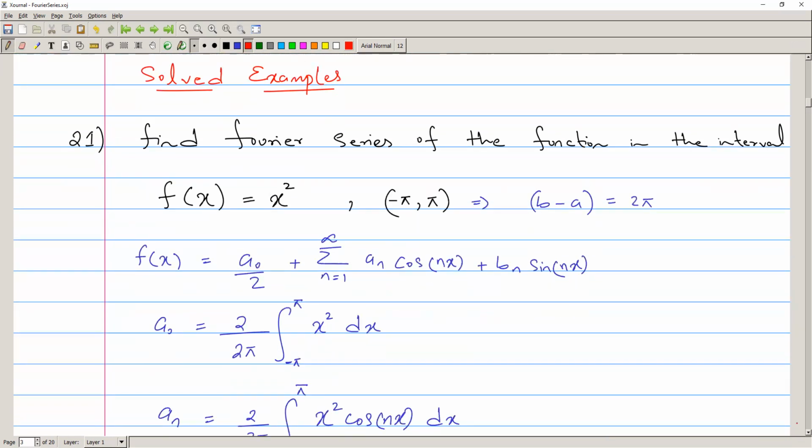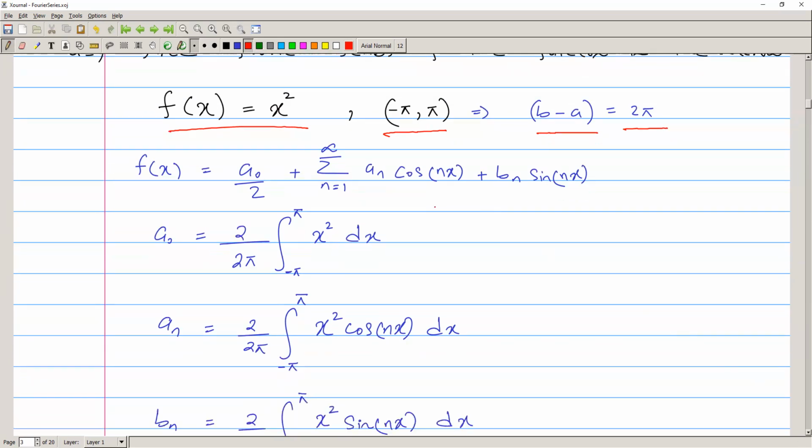Now we'll take some examples. Let's say we are asked to find the Fourier series of x squared. First of all, we will check the interval. The interval is from negative pi to pi, so the period will be 2 pi, right? The series generated will be a n cos n x plus b n sin n x.